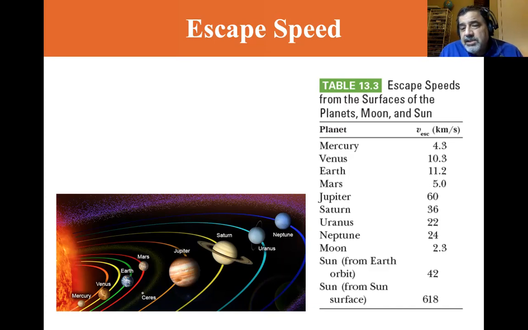Jupiter, 60. And if you look at the surface of the sun, it's 618. Now, who's going to launch from the surface of the sun? But theoretically, the escape speed has to be 618 kilometers per second.